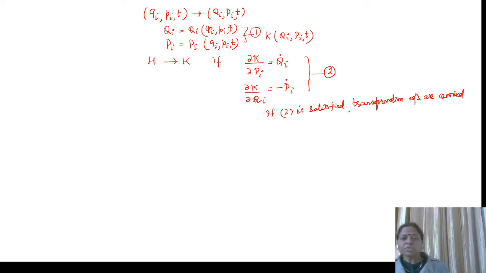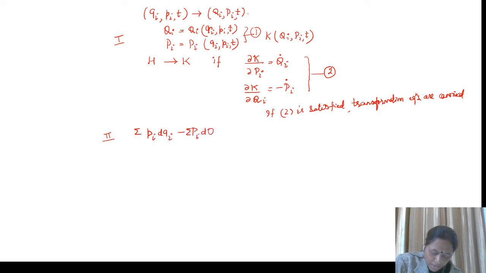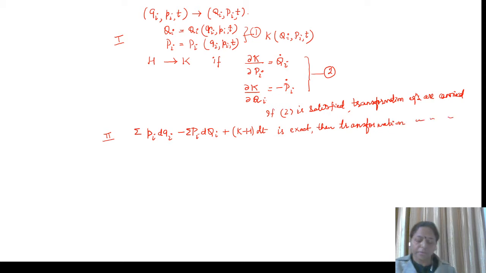Similarly, with the help of Hamilton's principle, we proved that this is one way, and the second way is if sigma of Pi dqi minus sigma of Pi d capital Qi plus K minus H dt is exact, then the transformation equations are canonical.